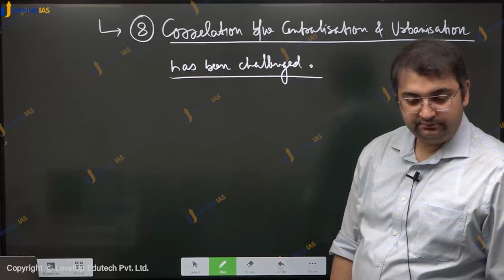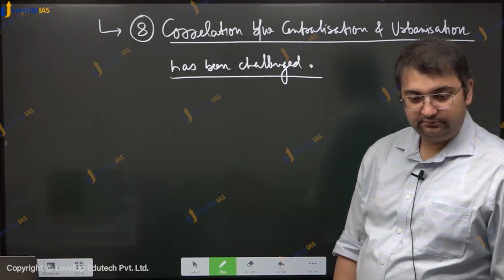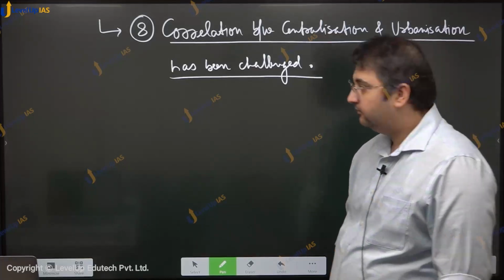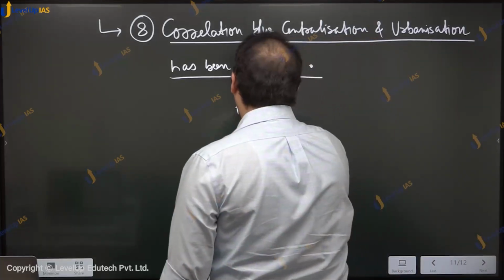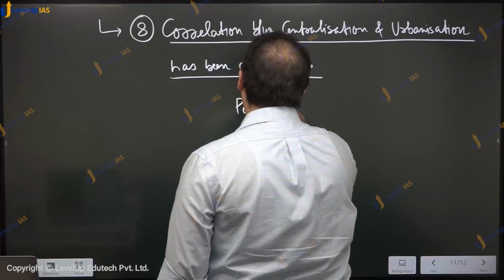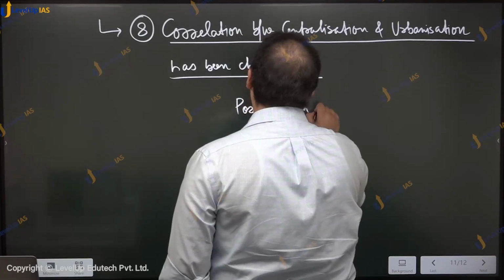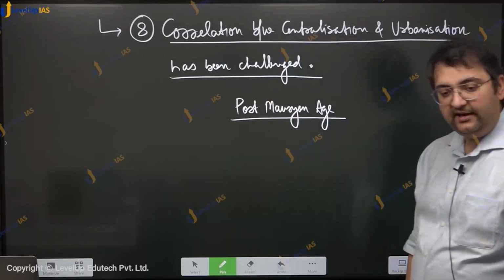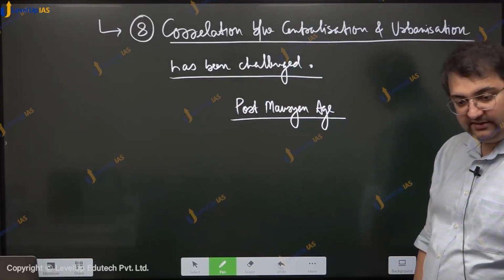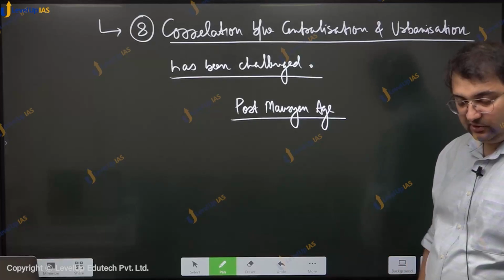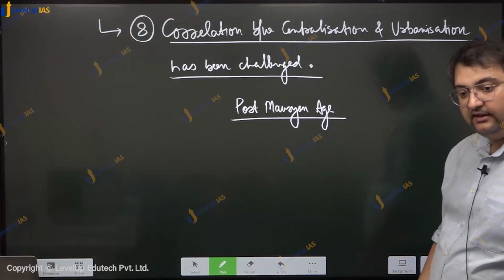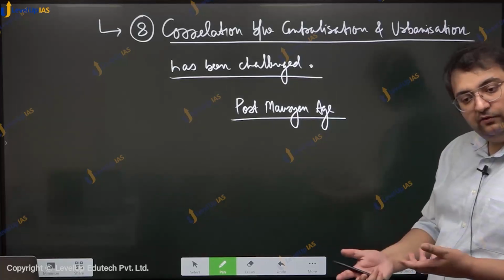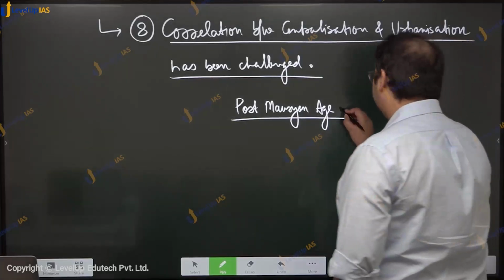Example, क्या एग्जाम्पल दे सकते हैं हम? That post-Mauryan age, was it characterized by centralization of power or decentralization of power? Marked decentralization of power. Mauryan Empire had disintegrated, centralized power had been scattered, and the Mauryan Empire itself had been divided into various regional empires and kingdoms.